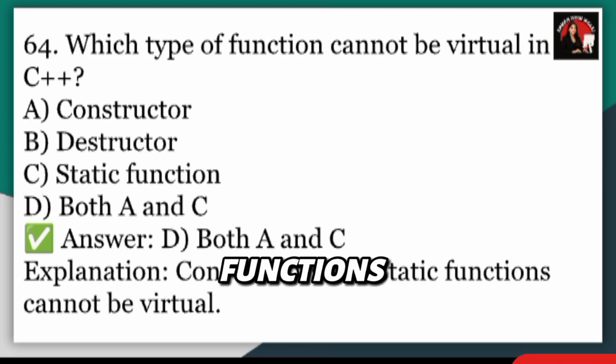And static functions cannot be virtual either because they belong to the class itself, not to a specific object. Virtual functions rely on an object's virtual table, but a static function does not have one. Destructors can be virtual in C++ and in fact should be virtual when dealing with inheritance to ensure proper cleanup of derived class objects.